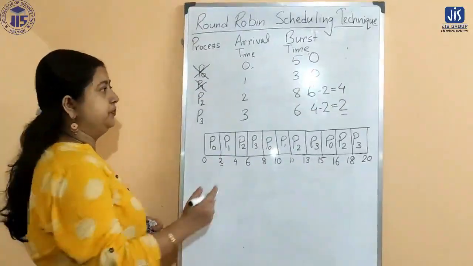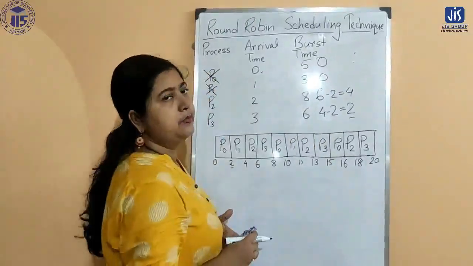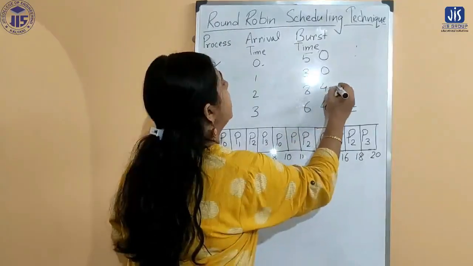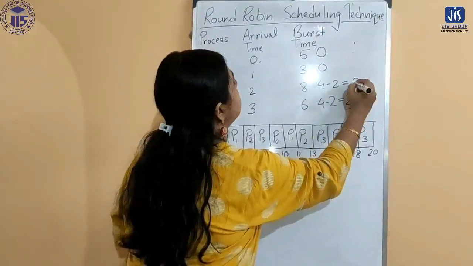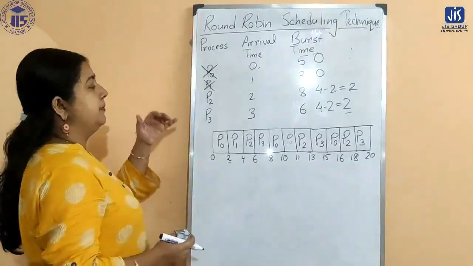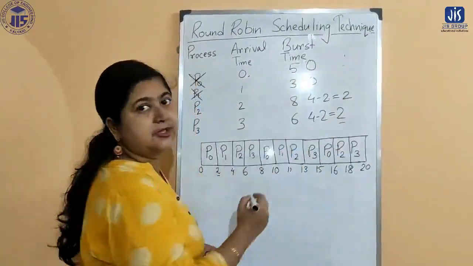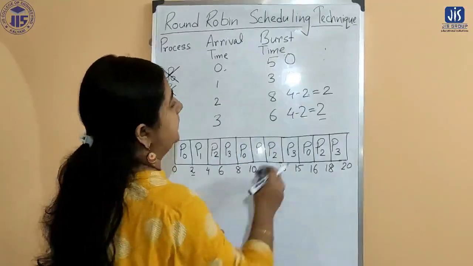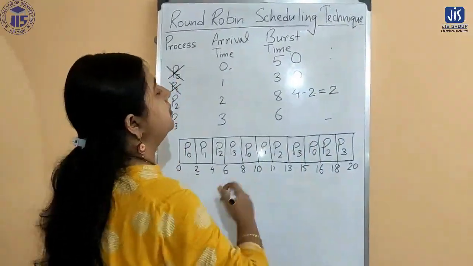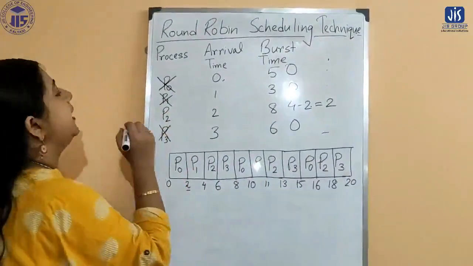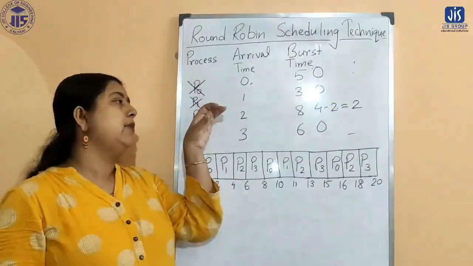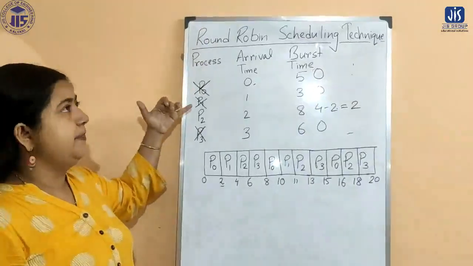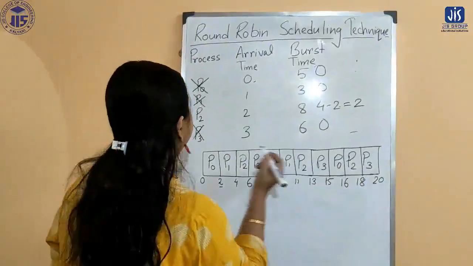Now for P2, the remaining time was 4, so now it should be 4 minus 2, that means 2. And P3's remaining time was previously 2, so it should now be completed, so it should be 0. So you can see in my system now I have only one process, P2. There is no P0, no P1, so I start directly from P2.